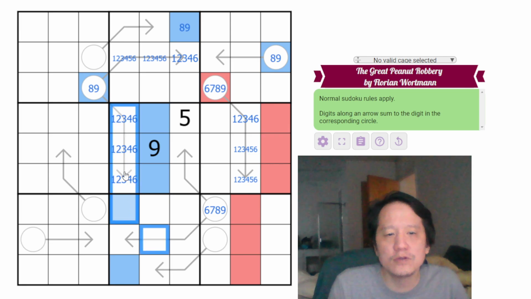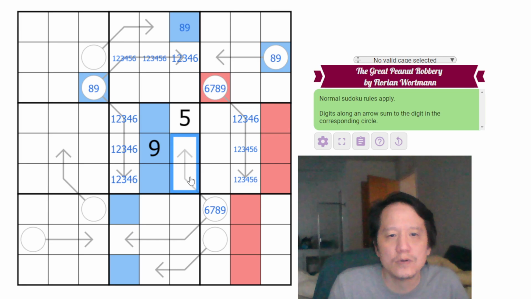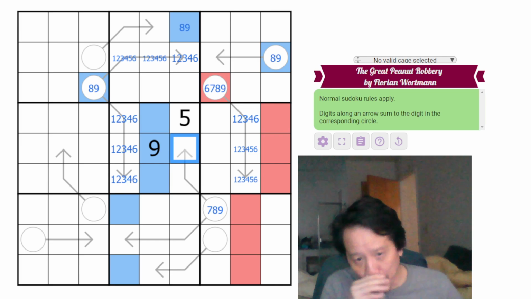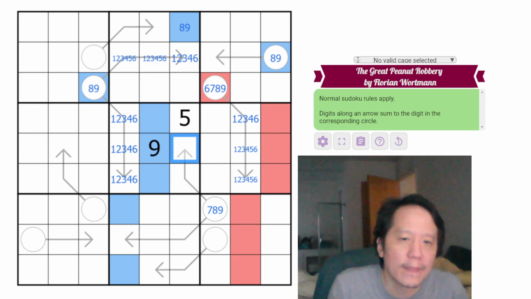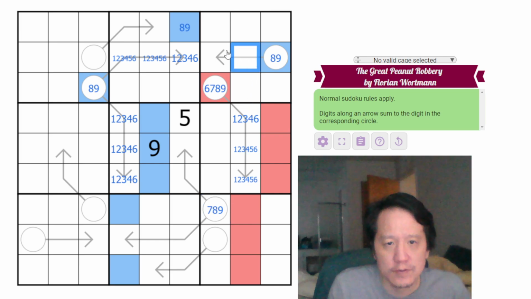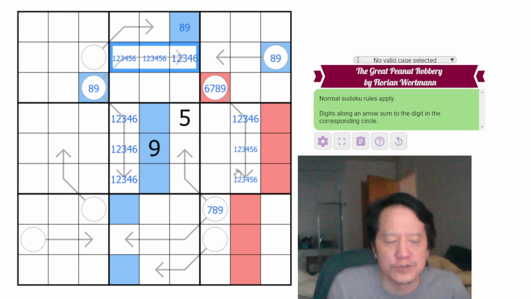So it could be 1, 3, 4, in which case this is 2. This has to be at minimum 7. Right? So this would be at minimum 7. This has 2 from 1, 2, and 3.